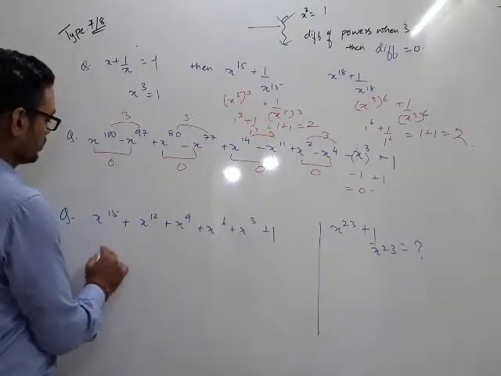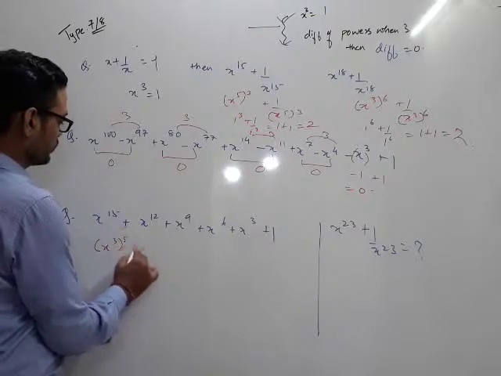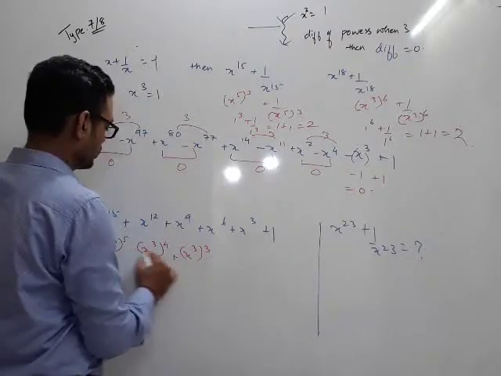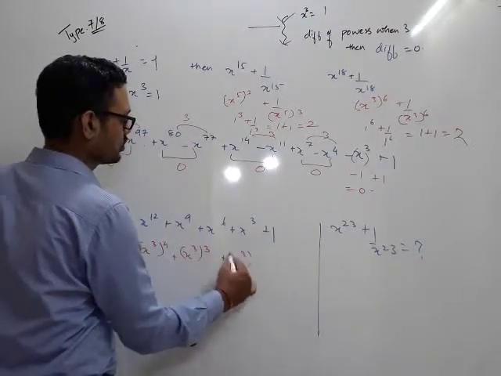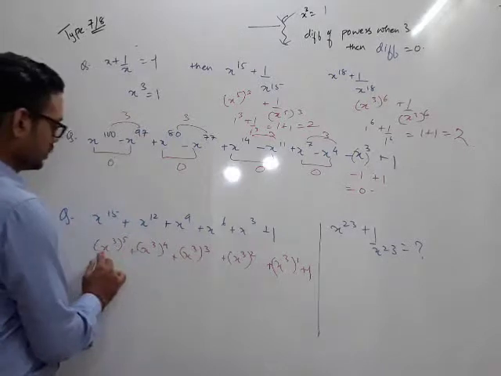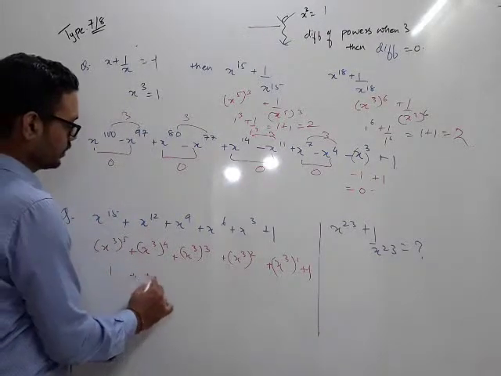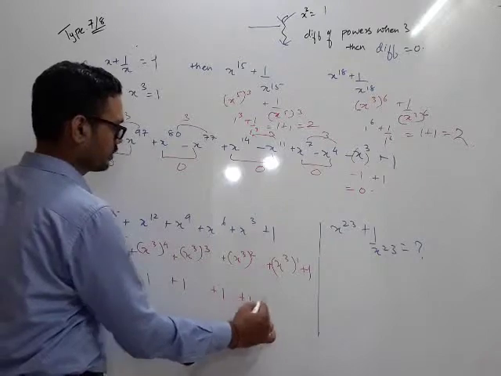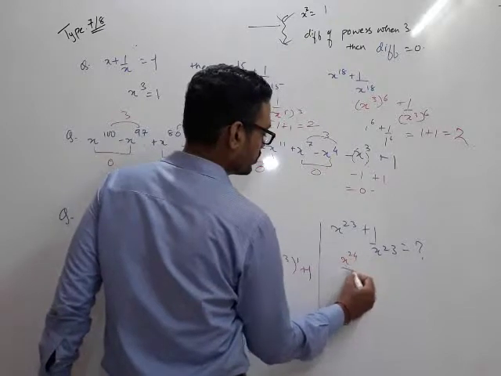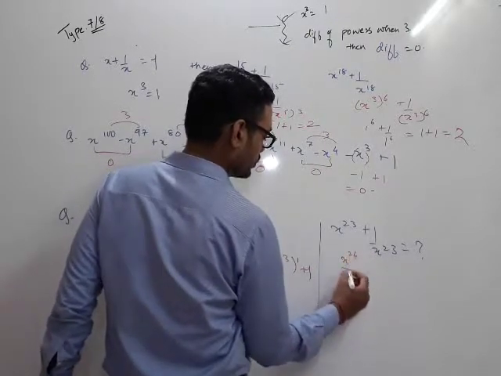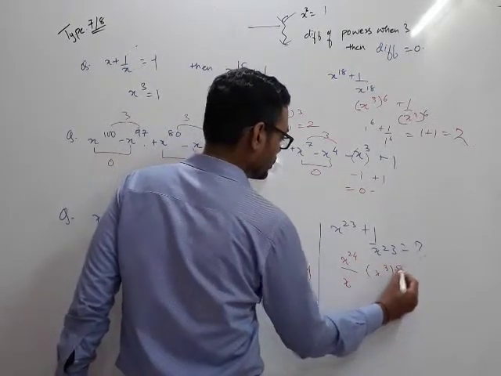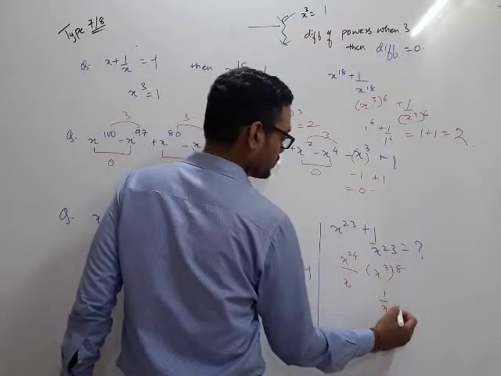Similarly over here, x cube raised to 5, x cube to 4, cube raised to 3, x cube to square, x cube, 1 plus 1. This is nothing else but 1 plus 1 plus 1 plus 1 plus 1 plus 1, 6. It's x raised to 24 upon x, which is nothing else but x raised to 3 into 8, which is going to be 1 upon x.